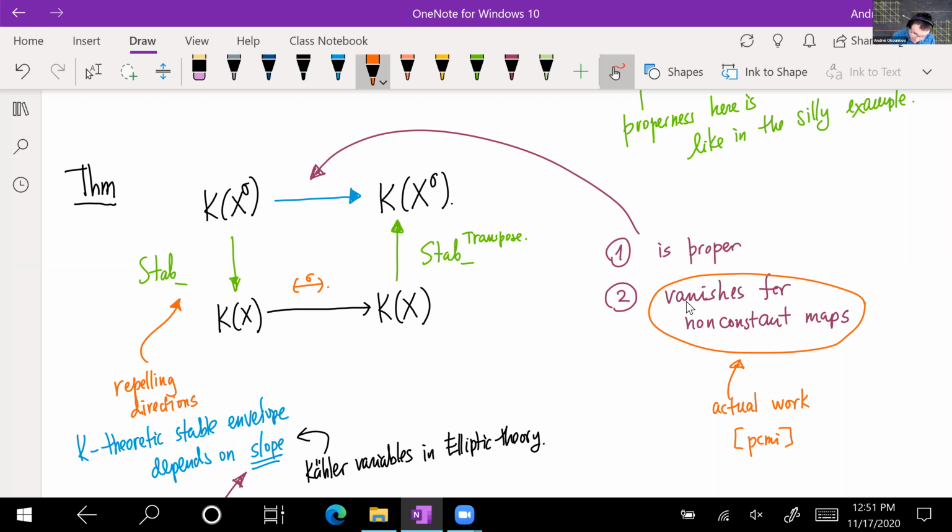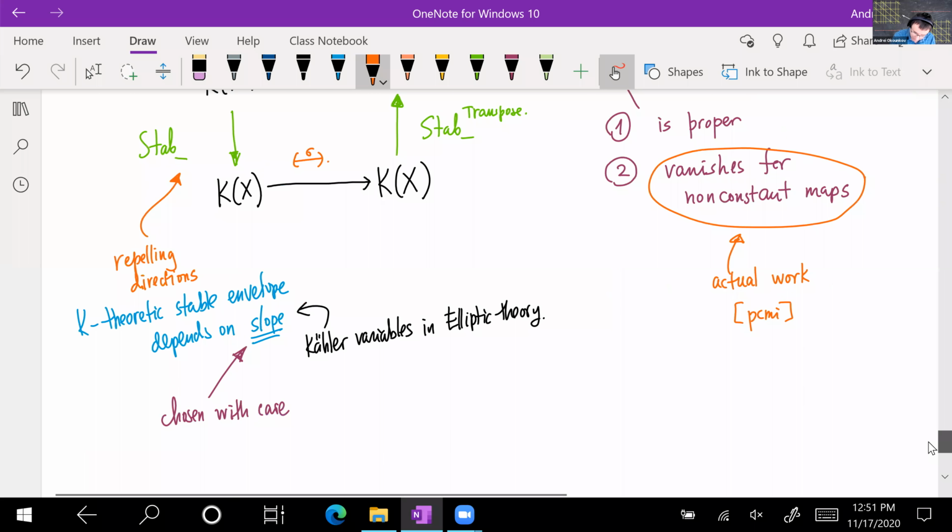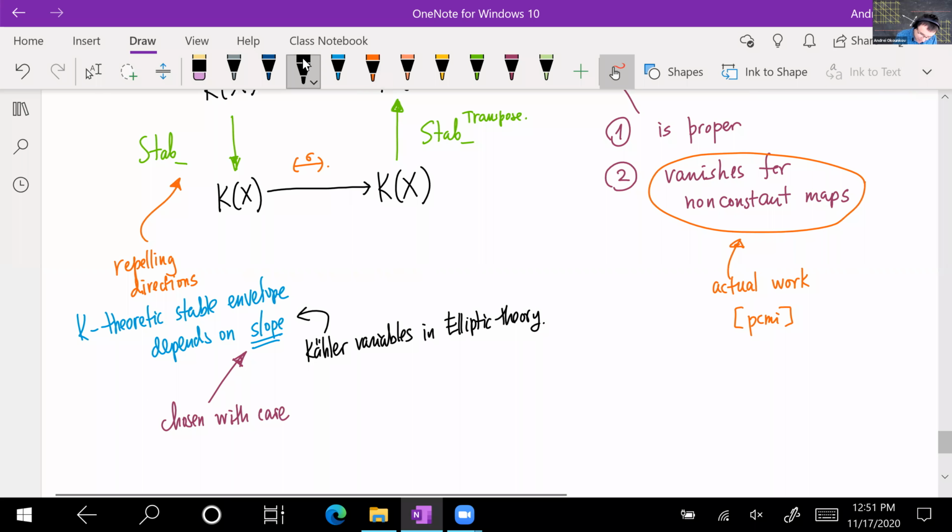Once it vanishes for non-constant maps, then we're done, because what do we get? I recall that Stab minus transpose is Stab plus inverse.